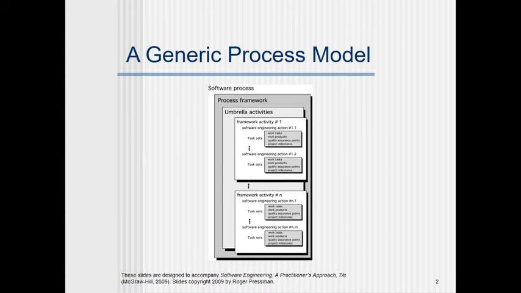And what are the work products? These are the various programs, documents, and data. These are the outcomes of the various tasks, actions, and activities in the process of developing software.